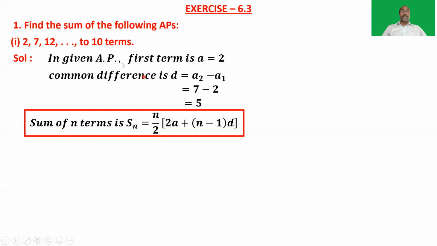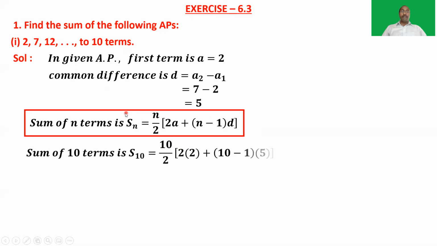So by substituting n is equal to 10, a is equal to 2, d is equal to 5 in this formula, S10 is equal to 10 by 2 into (2 into 2 plus (10 minus 1) into 5).